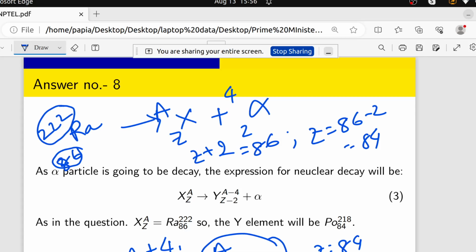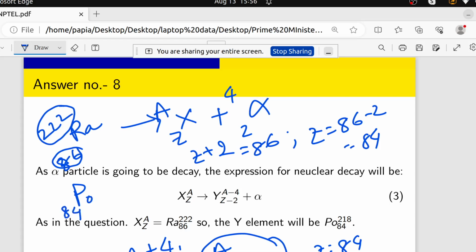So what will be the notation for that? 84-218-X. Now coming to X, what is X here? 84 is the atomic number, right? So if I look up the atomic number in the periodic table, then we get that Po has a Z value of 84.